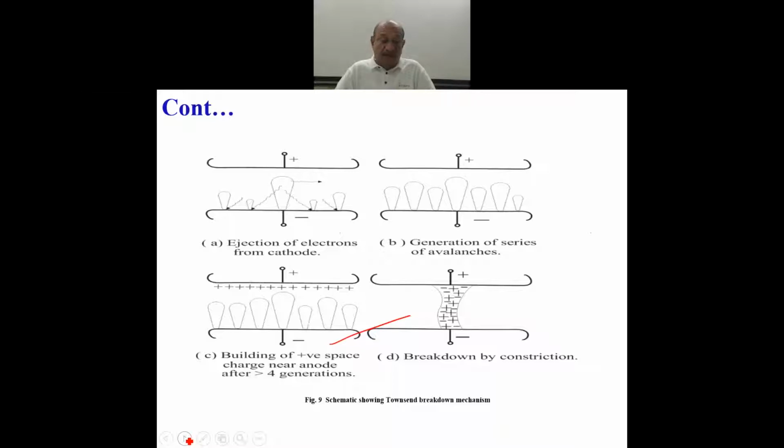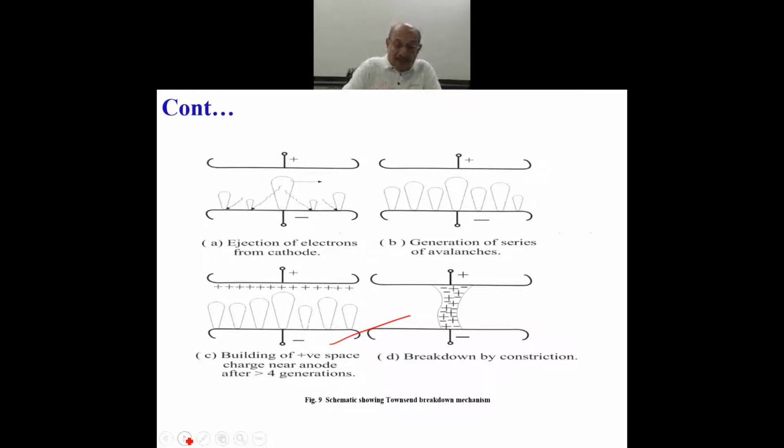These avalanches, constriction is a very rightly used word here. That means they join up into a single channel. A number of avalanches join together to form a single breakdown channel. And by the time the positive space charge has just been given rise, the breakdown takes place. That is how Townsend has described this mechanism.